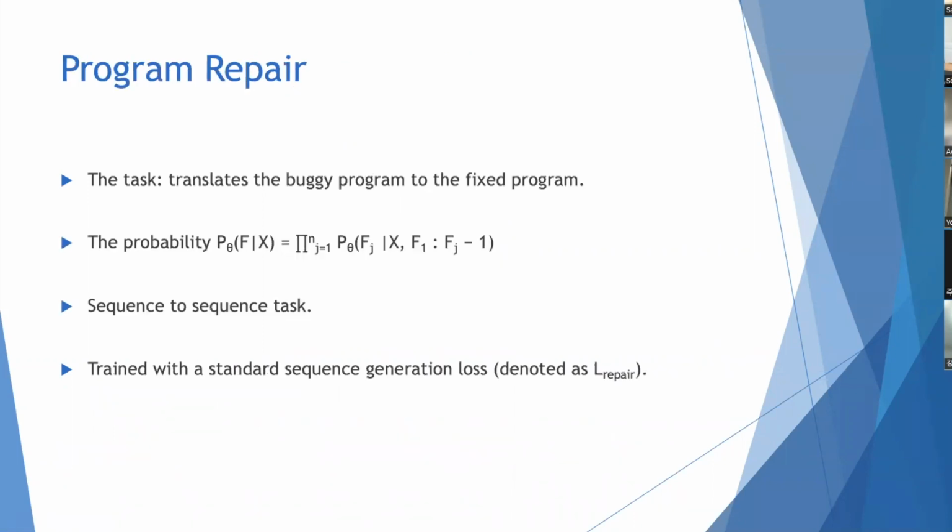The last one is program repair. The task is to translate the buggy program to the fixed version of the program. So the probability is given as follows.